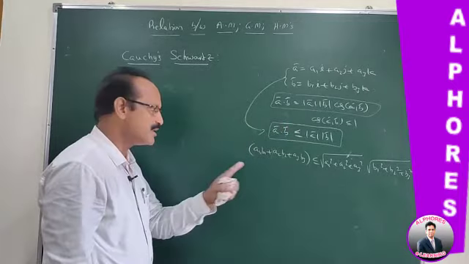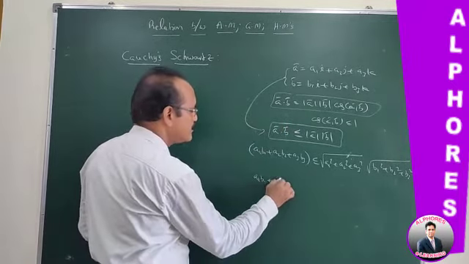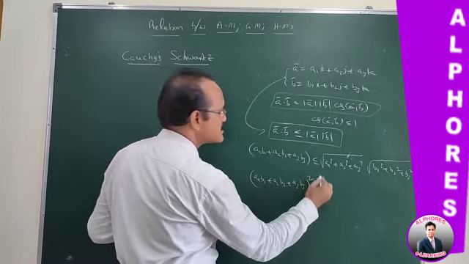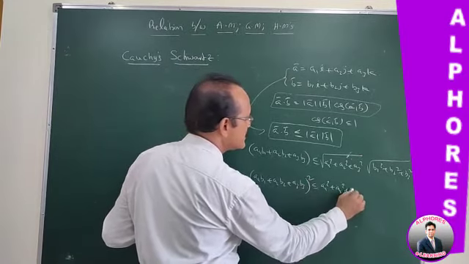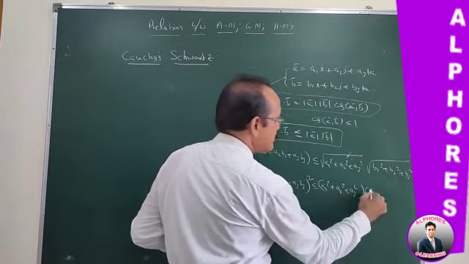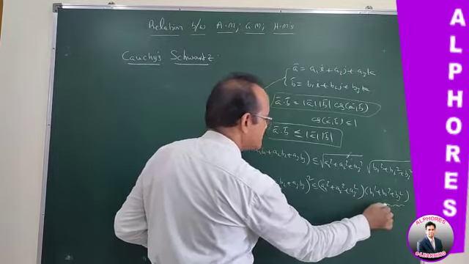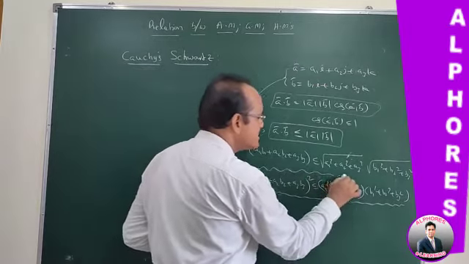If you square both sides, then (A1 B1 plus A2 B2 plus A3 B3) whole square is less than or equal to (A1 square plus A2 square plus A3 square) into (B1 square plus B2 square plus B3 square), right?